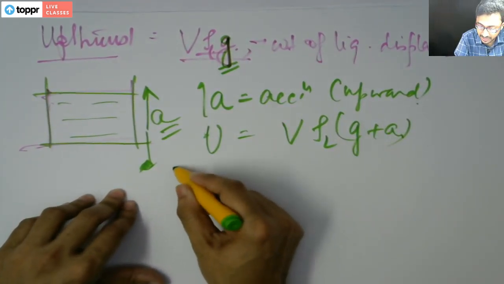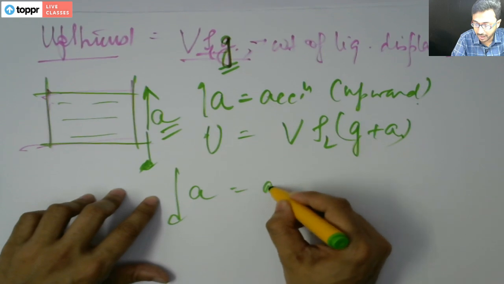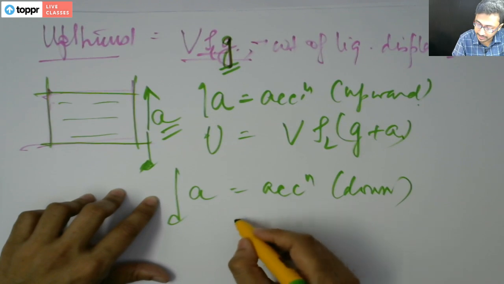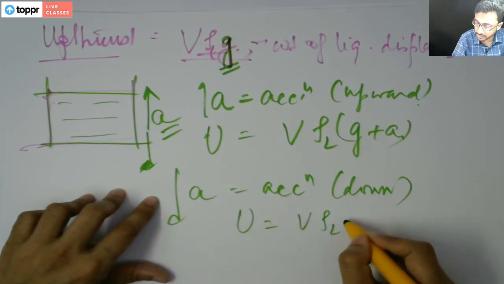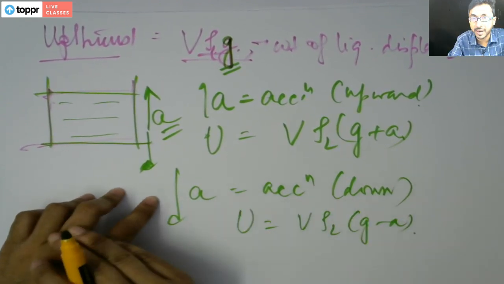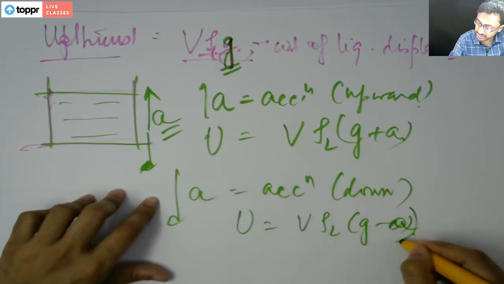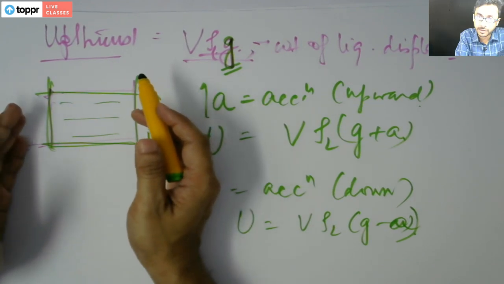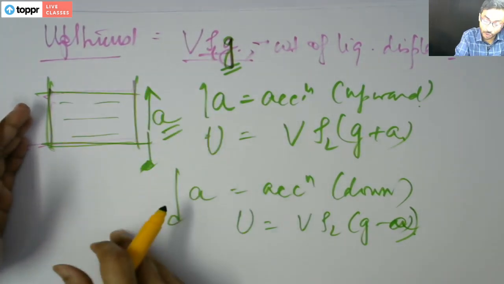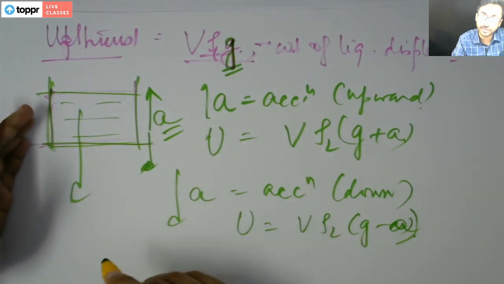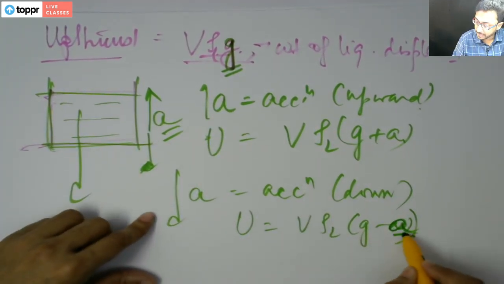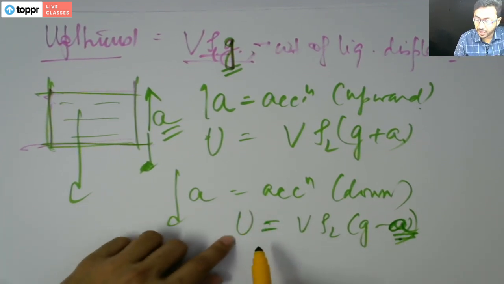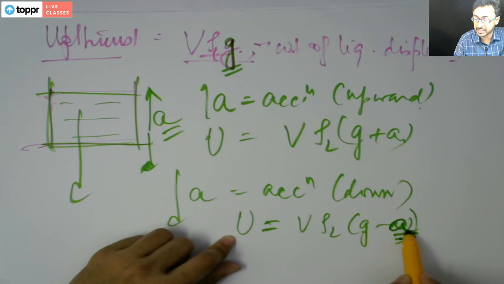And if the liquid is accelerating in the downward direction, the upthrust is nothing but V rho L (g minus a). And it is very interesting: if a cylinder filled with water is falling freely under gravity, then definitely this acceleration a will equal g. So at that time the upthrust will be 0, because g minus g is 0.